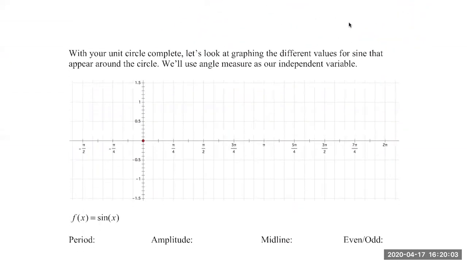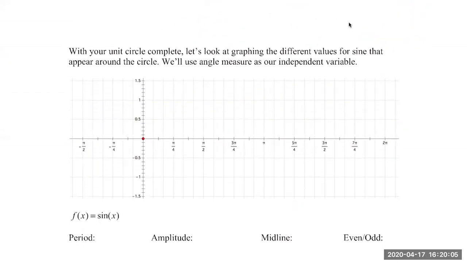So that means, if we're looking at this coordinate plane, that when the angle is 0, my sine value, which we've said is going to be the dependent variable, would also be 0. So we'll have a point right there.